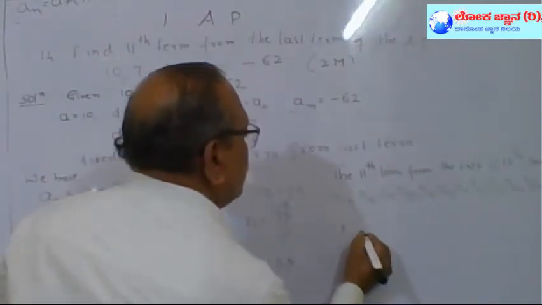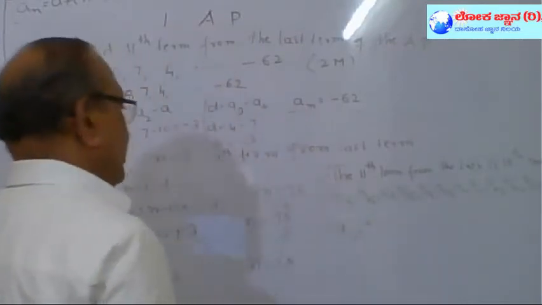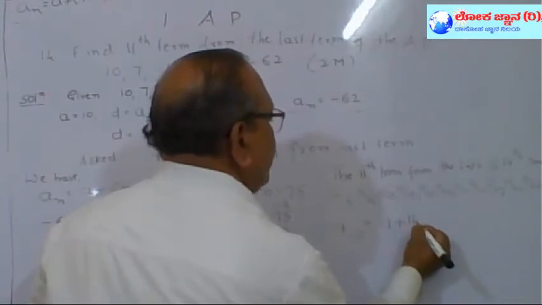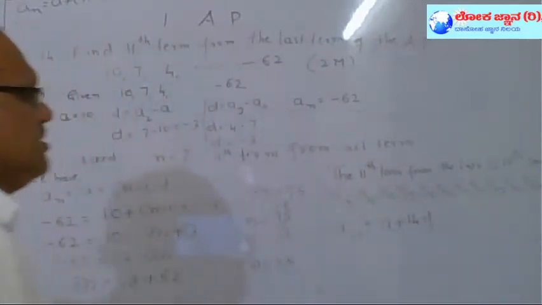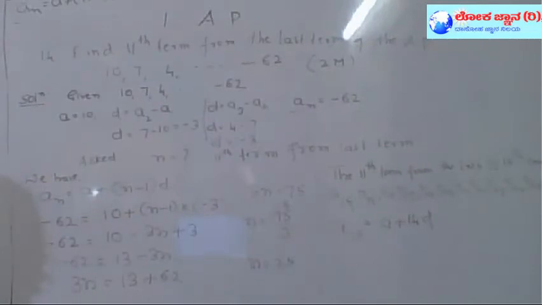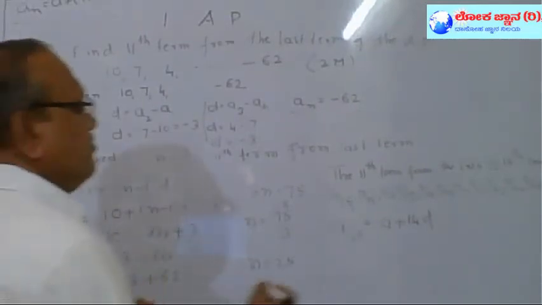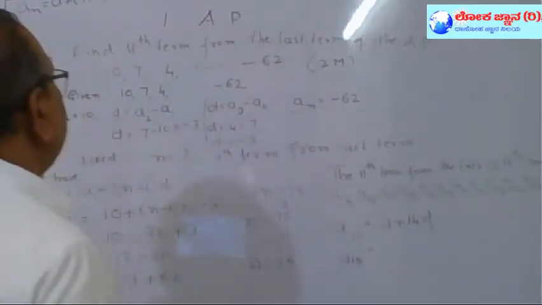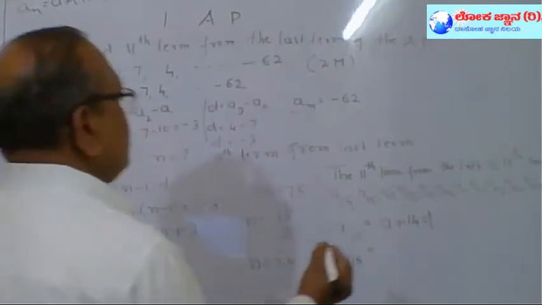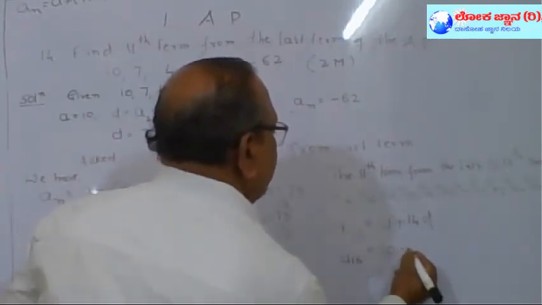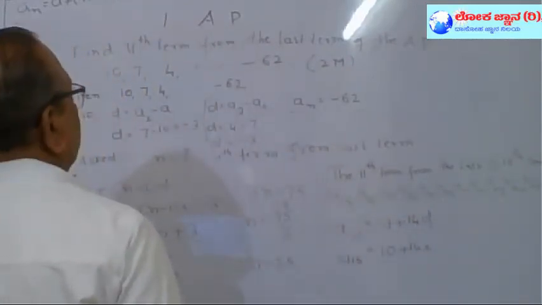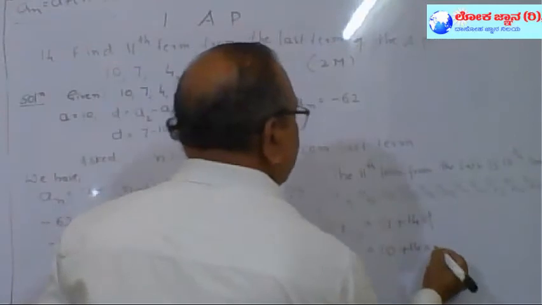A15 is equal to A plus 14D. Do you agree with me? Substituting, A value is 10, plus 14 into D value, which is minus 3.